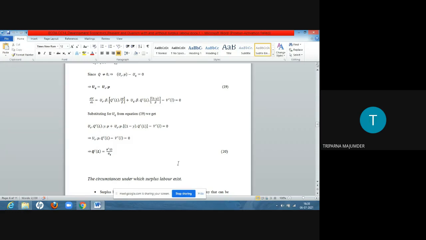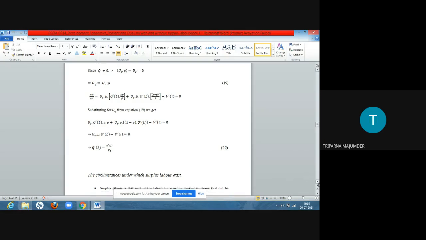So these are the two conditions, that is 19 and 20, the two conditions of equilibrium of a peasant family who partly consume their own produce and partly consume the product purchased from the market in exchange of their own produce.